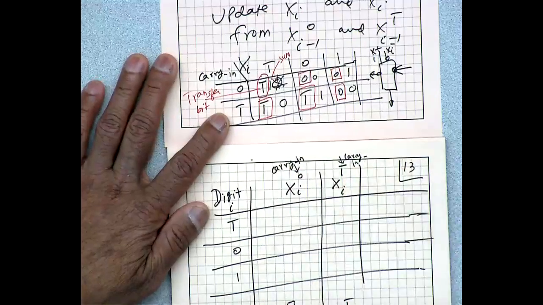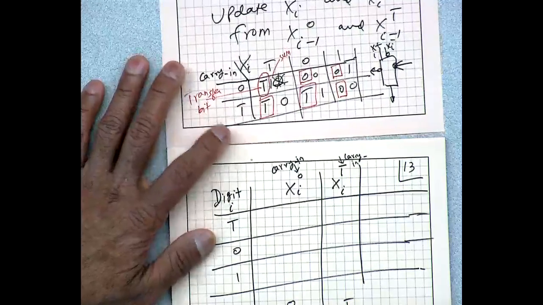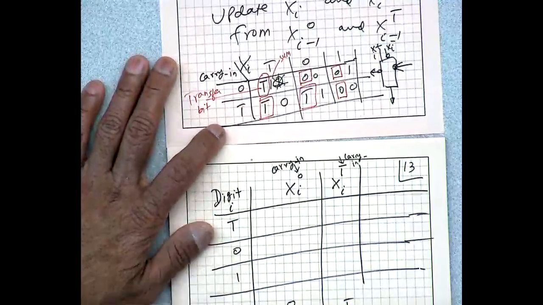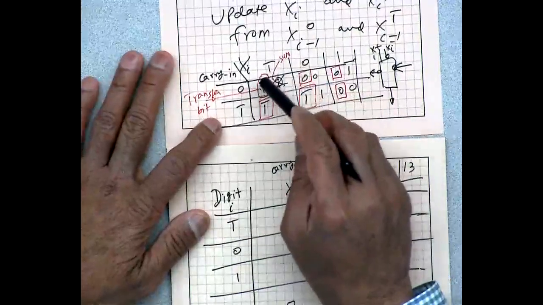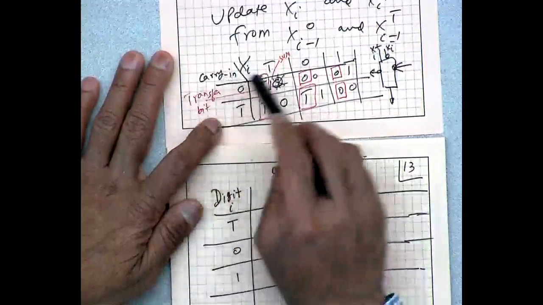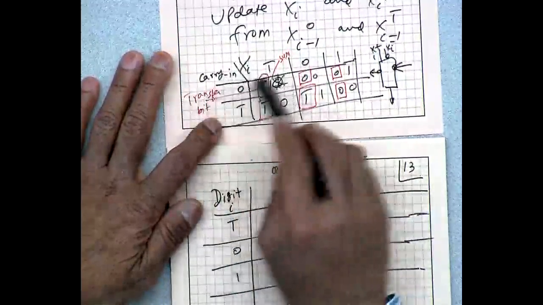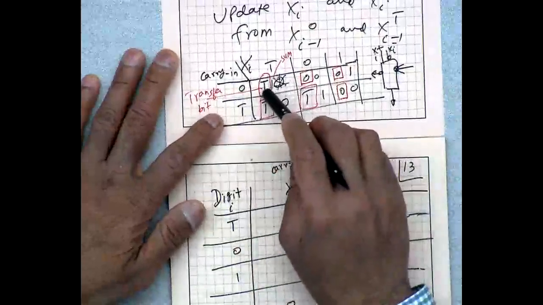So what does this really tell us? It's saying that if the input digit is 1 bar, then the transfer bit going to the next higher position is 1 bar.